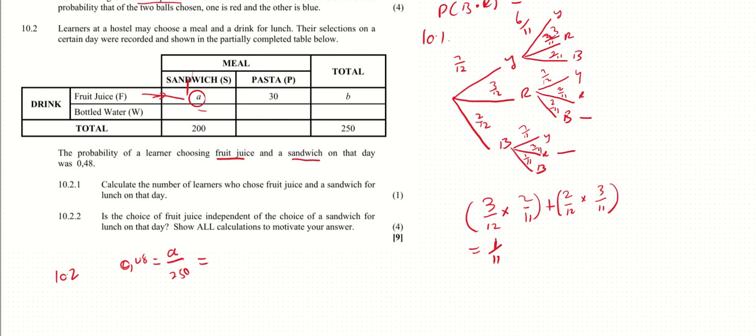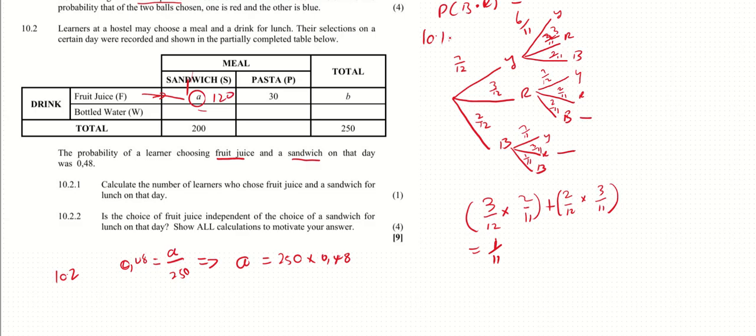That's A. So A is equal to 250 multiplied by 0.48, which makes it 120.